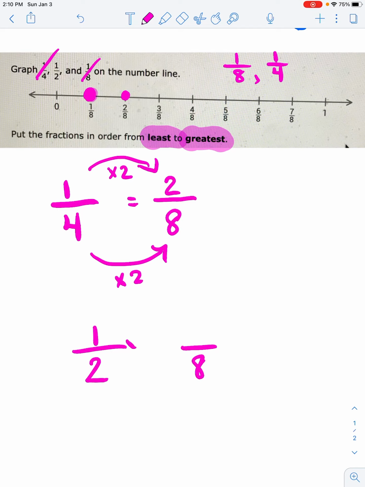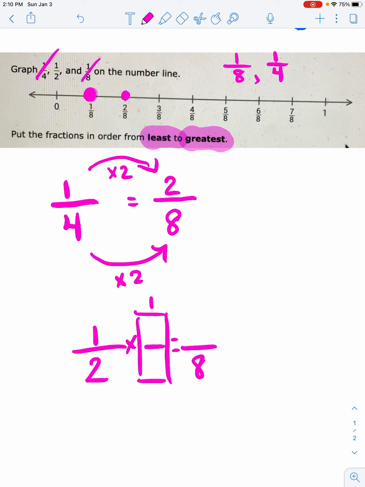But what I want to show is the reasoning behind doing the same thing to the denominator and the numerator, which is when we multiply or divide by 1, which is the multiplicative identity, we don't change the value, right? So here I'm going to put a fraction here that is equivalent to 1.